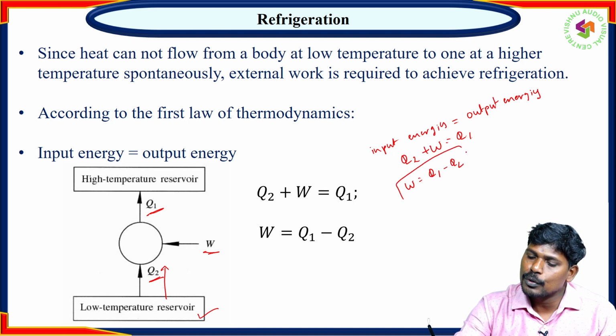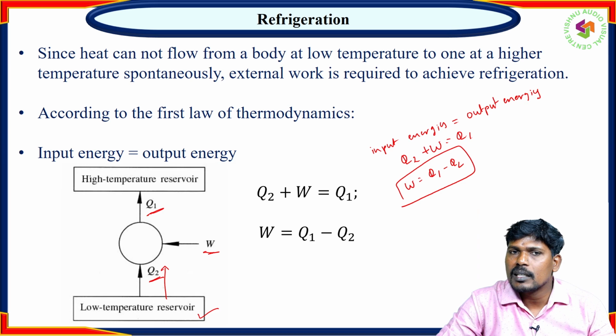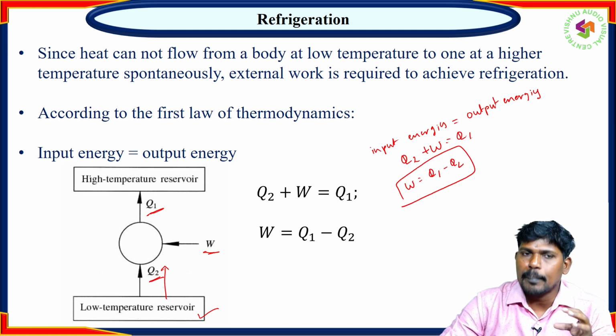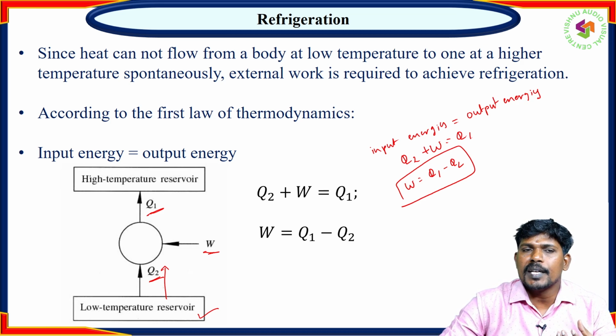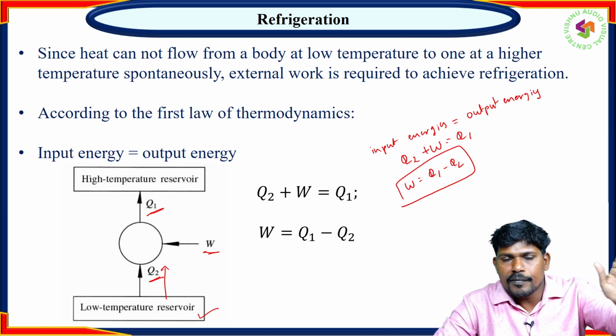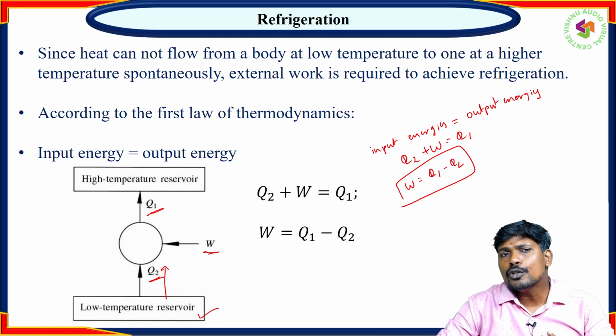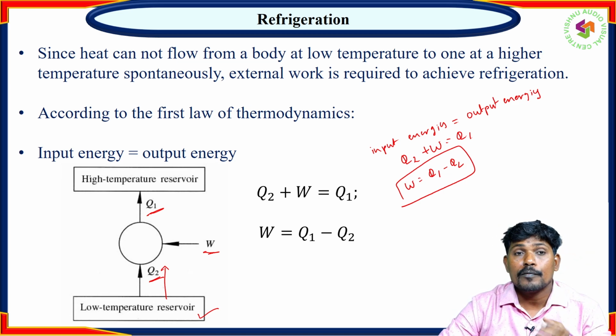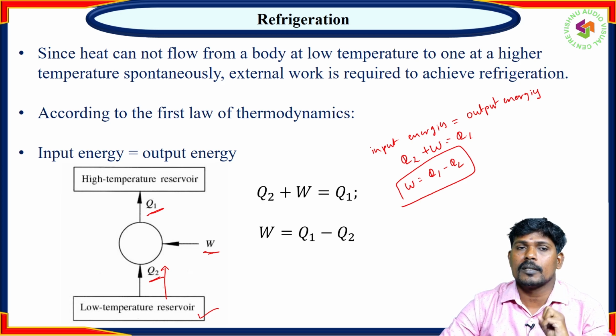We need to do this amount of work, which depends on the difference between the two temperatures. For example, if the low temperature reservoir is at 0 degrees centigrade and the high temperature reservoir is at around 50 degrees, then to transfer from 0 to 50 we need to do something like 50 joules of work.